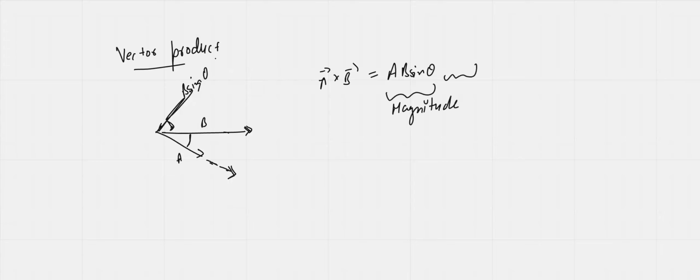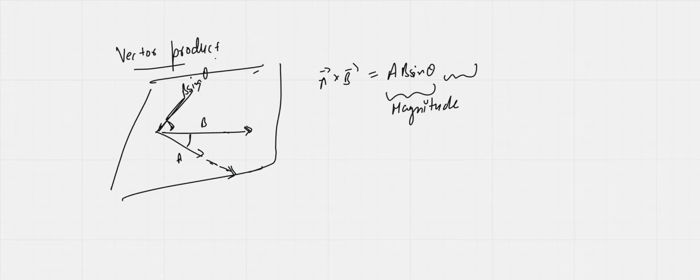Still one part is left, that is direction. How am I going to get the direction? If this is a single plane where all these things happen, the final direction will come out somewhere at the top.